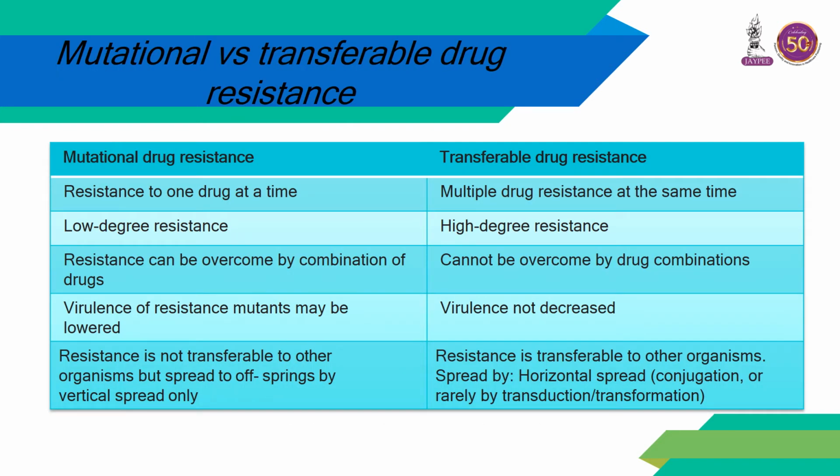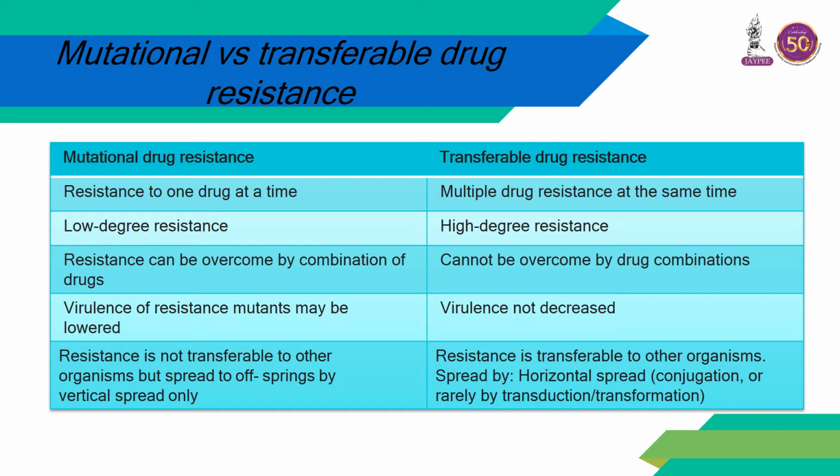Now this acquired resistance can be mutational drug resistance or transferable drug resistance. You just have to remember the names. In mutational drug resistance, the resistance is transferred from parent to child, from the parent bacteria or parent pathogen to the offspring.